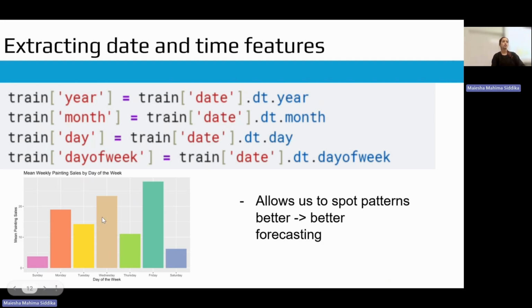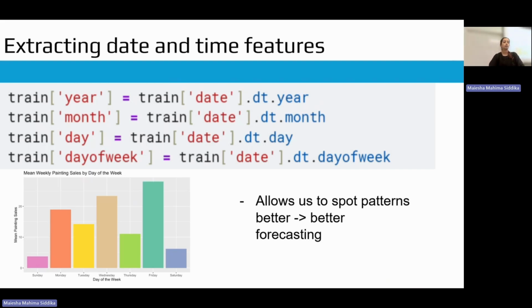If we just originally had our time series data, we wouldn't have been able to capture how on Friday, for example, we have the most sales, and on Sunday, we have the least sales. So that's a real life example of why you might extract these date and time features. It allows us to spot patterns better, and this allows us to forecast better.